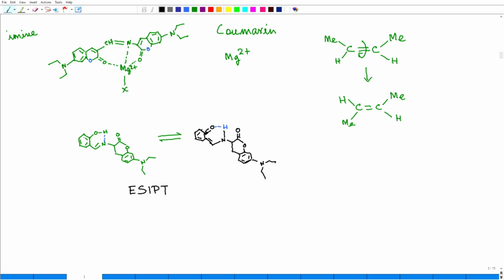If I add zinc ion to this, then what happens? If I put zinc ion here, I will go a little bit up. Then this happens.